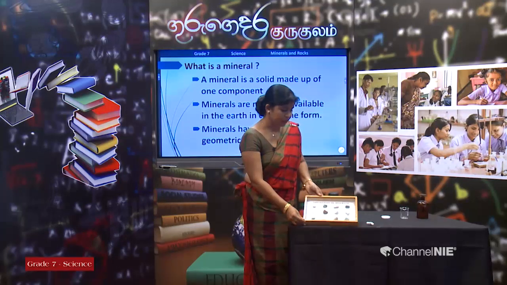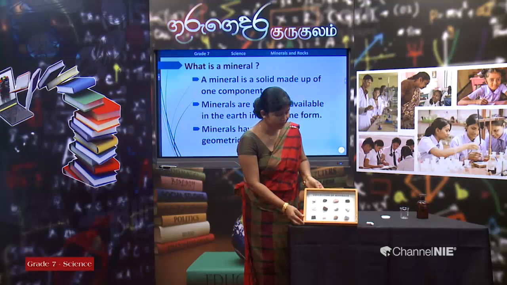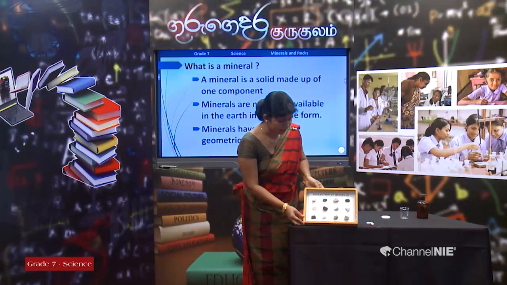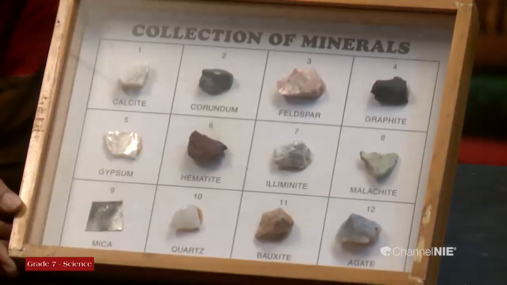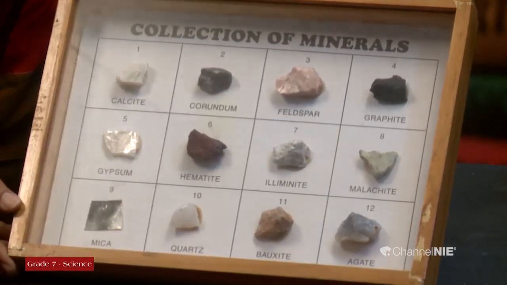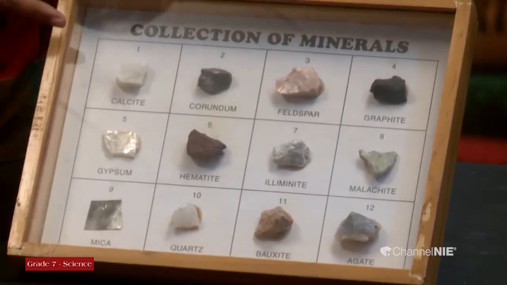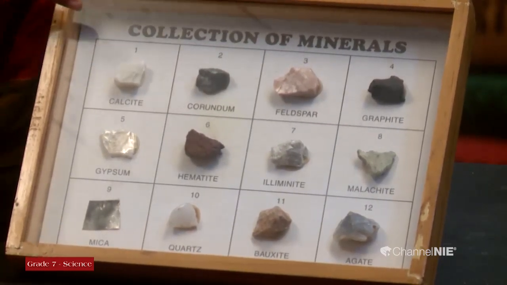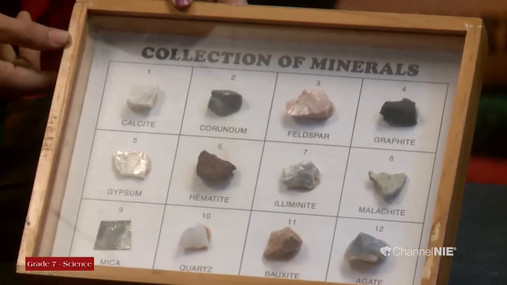I think you all can easily identify the minerals given in this sample. The names of the minerals are also mentioned. Some minerals that are very familiar to us can be read in this way. You can see the first one is calcite, right? It is a mineral.